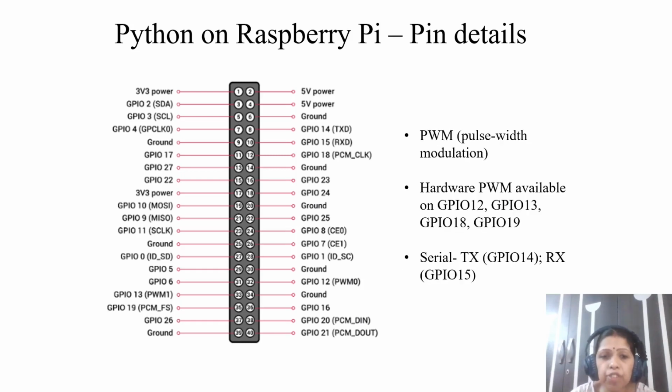Apart from that, there is one more configuration, pulse width modulation. Pulse width modulation pins are also available: pin number 13, pin number 19, pin number 12, and pin number 18.